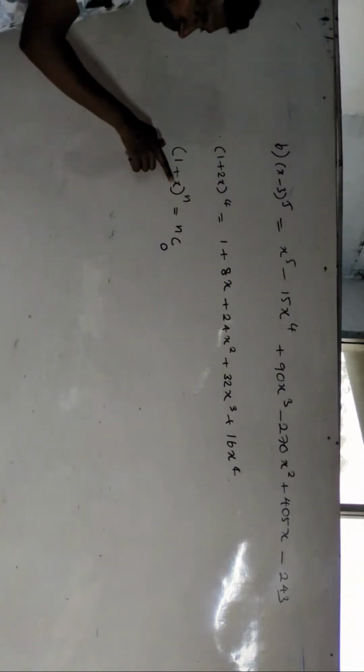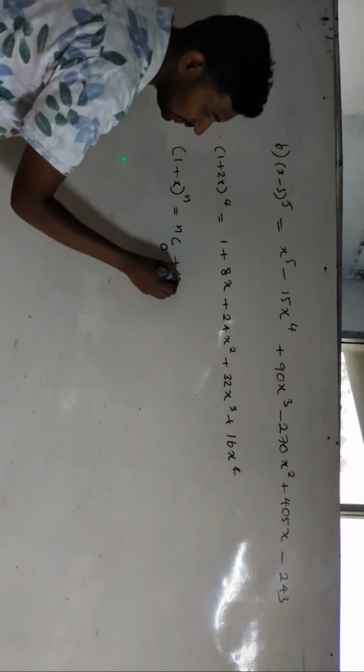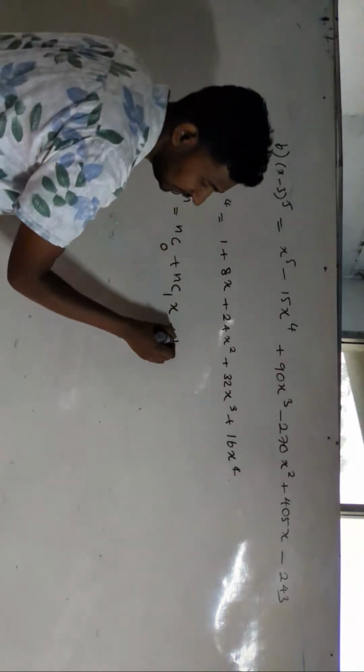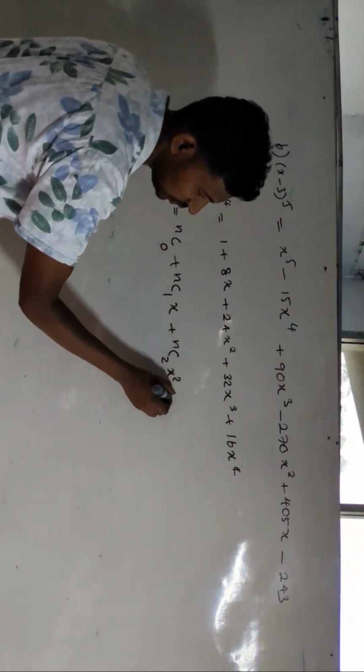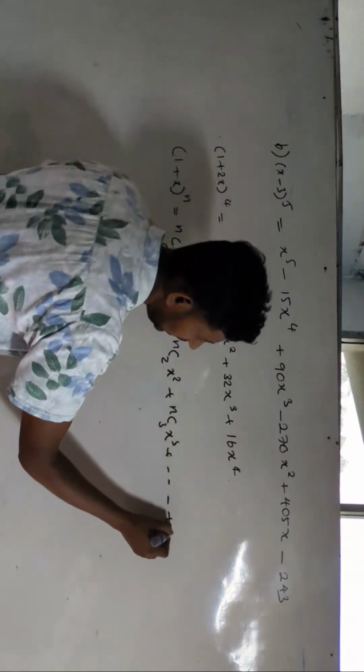Any power of 1 is equal to 1. So we only have to worry about the second term onward: nC1 x, nC2 x squared, nC3 x cubed, and it goes on like that.